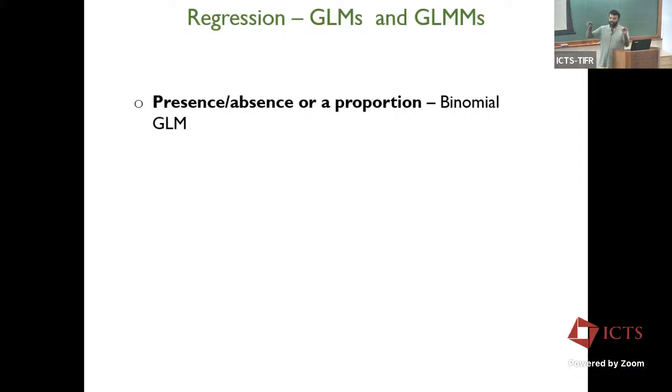And what do you do in such a case? You try and find the best fit line that fits your data, right? That is what your linear models are doing. So if you have y is equal to ax plus b, what is it estimating? It's estimating the a and b values that will best fit your data.